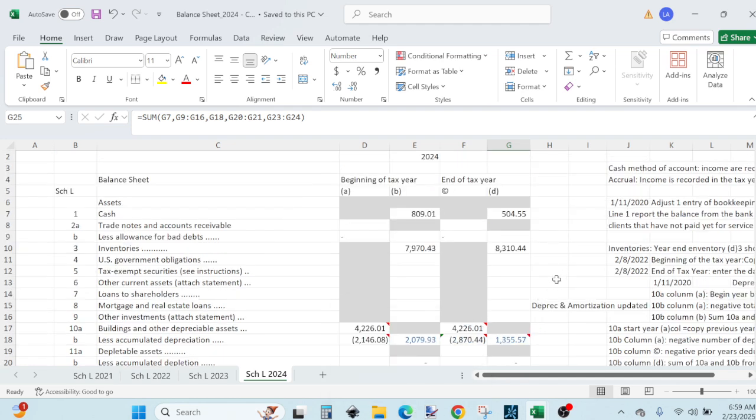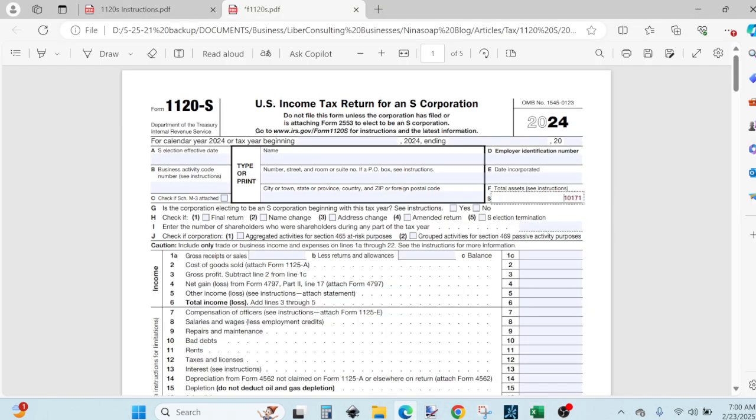But regardless, it's good you start learning how to create your own balance sheet, which is also called Schedule L, so that when you are required to provide that information, you have it. Regardless of whether you are drafting your balance sheet or not, you still need your assets to be put on it. Therefore, having the balance sheet might be useful to help you determine your total business assets.